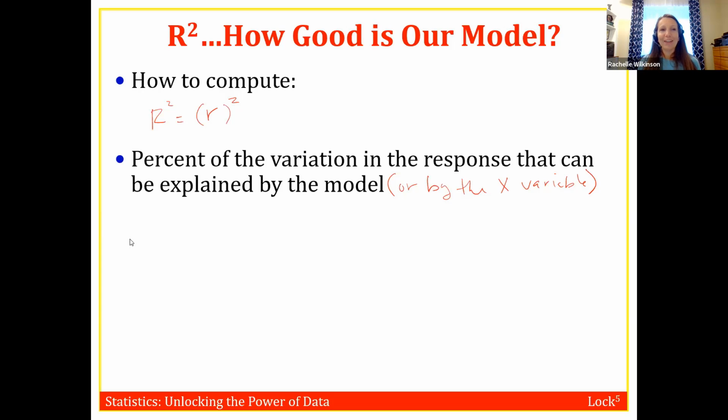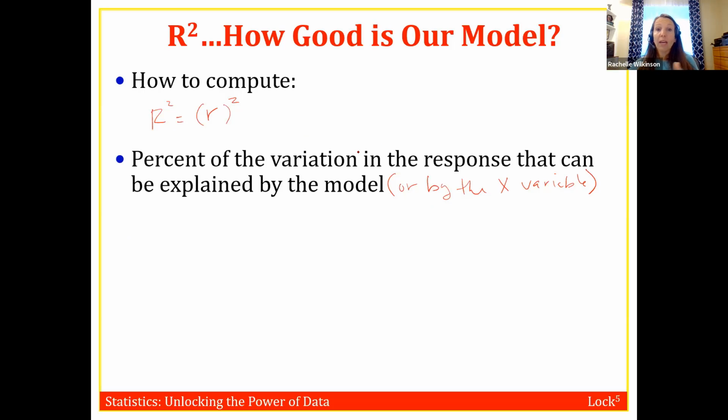Gravity, that was funny. Okay, your eating habits, your body type, your muscle mass, how old you are, how much activity you get in a day. So there's lots of different things that can affect how much you weigh. Height is just one of many things that might explain why people weigh different amounts. So what R-squared is going to do is quantify that.